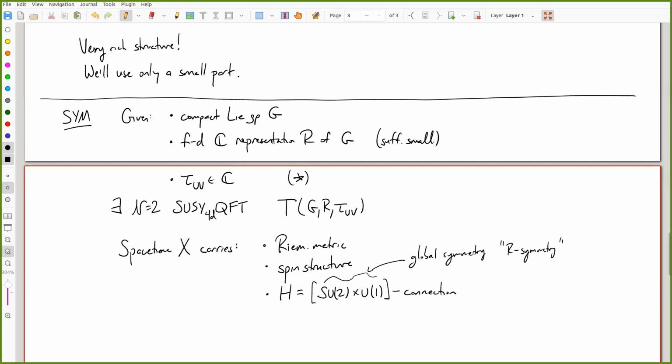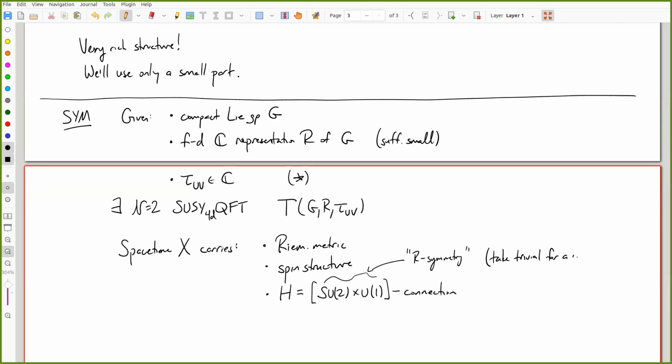In fact, maybe it's better to call it R symmetry. So when we formulate the theory on a spacetime, we're free to equip that spacetime with a connection for this SU2 cross U1. We usually take it to be trivial, and I'll take it to be trivial for a while.